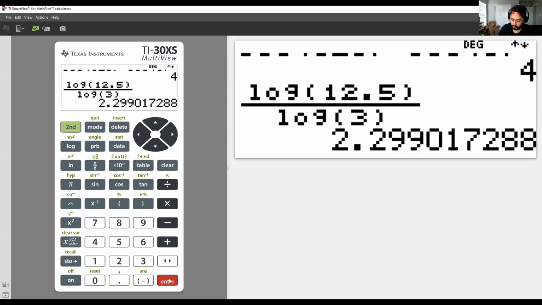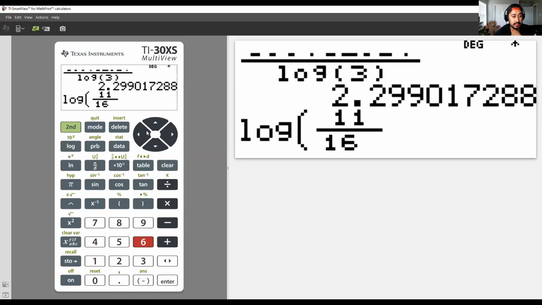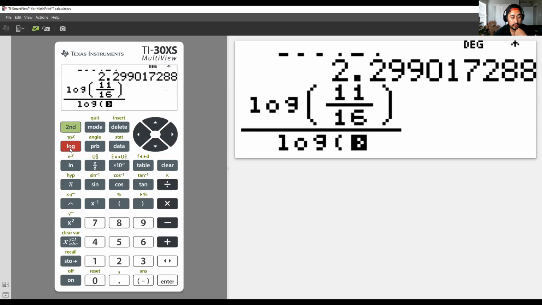And then the last one is log of 11 over 16 over the log of 2.